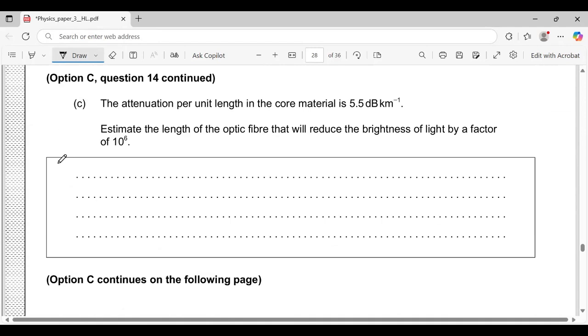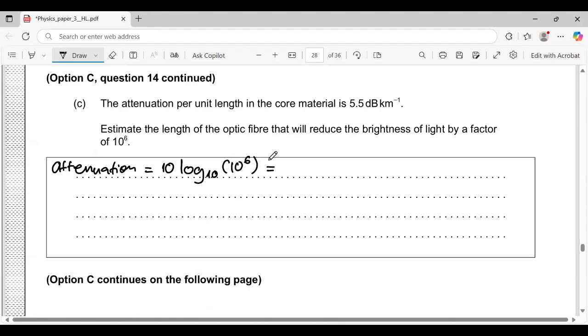Attenuation equals 10 log 10 of 10 to the power 6.